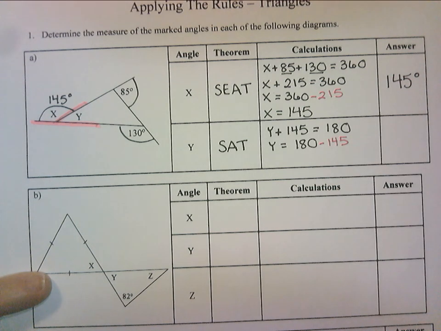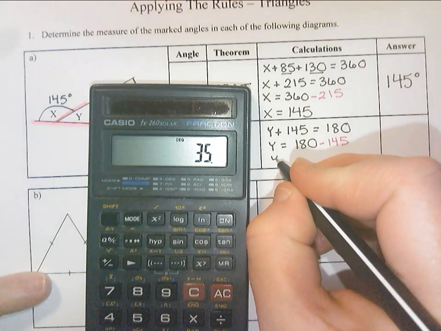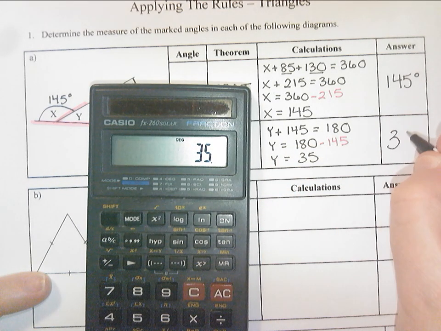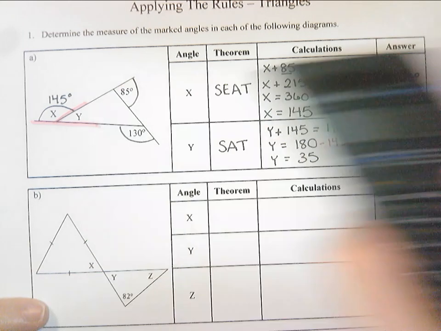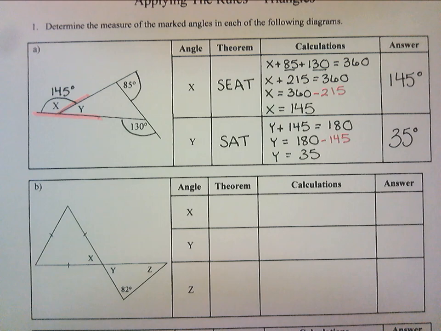So 180 take away 145 is 35 degrees. So Y is 35 degrees. Okay, let's take a look at our next one.